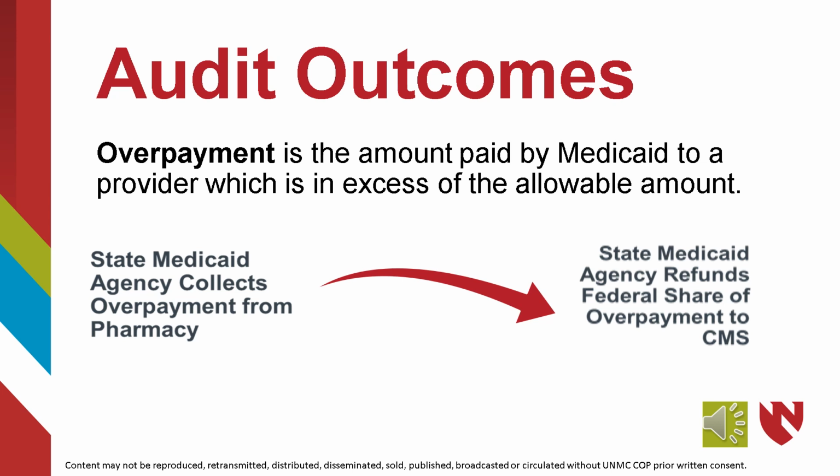Therefore, since there's a missing record, there's no prescription, that is an overpayment by Medicaid because the pharmacy is not authorized for that payment without the actual prescription. So what happens is the state Medicaid agency collects that overpayment from the pharmacy, and then the state Medicaid agency in turn refunds the federal share of that overpayment to the Centers for Medicare and Medicaid.